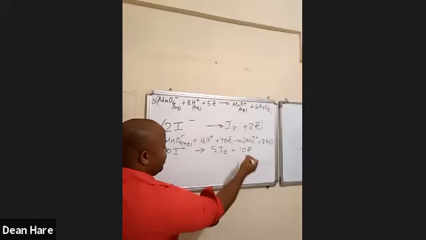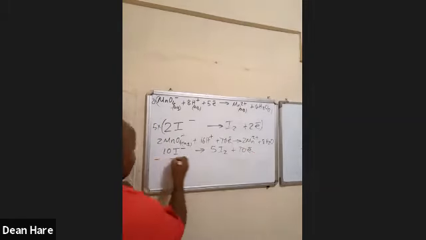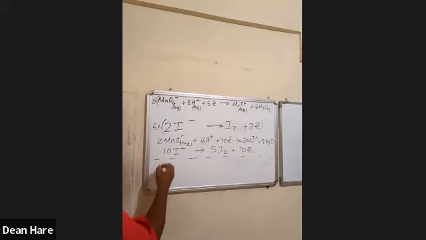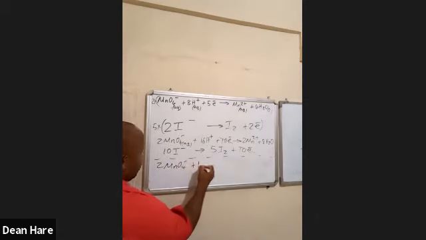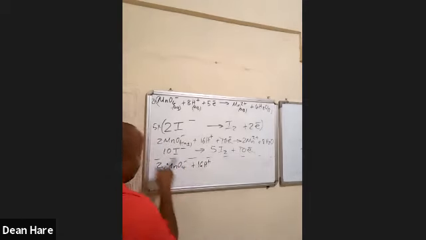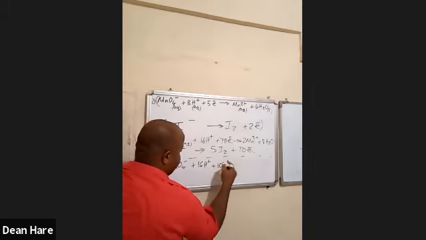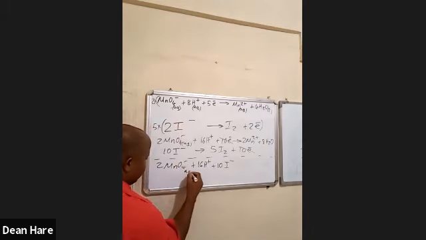So 10 electrons cancel 10 electrons, and then we will write now our final net equation, which is 2 MnO4 minus plus 16 H plus 10I minus, let me put in the state symbols.